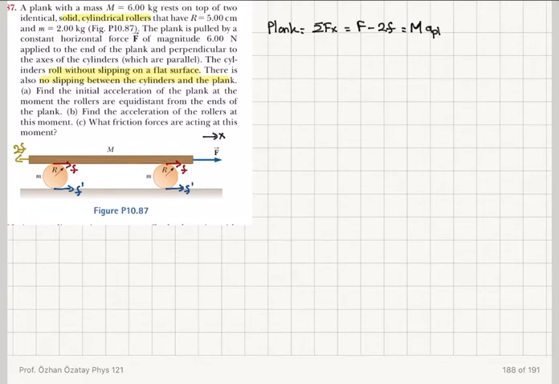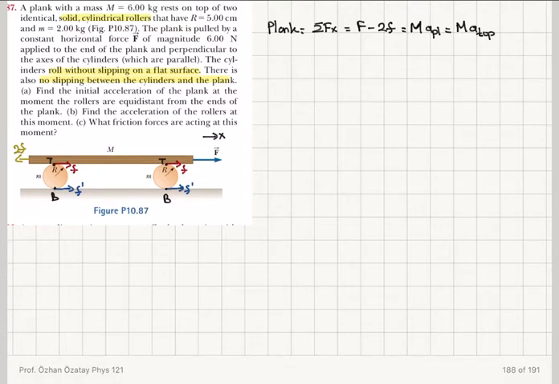And this is going to give me the mass of the plank, capital M, times the acceleration of the plank, which is equal to the mass of the plank times the acceleration of the top points. So let's call the top points T here. So top point is T, bottom point is B. So it's going to be mass times acceleration of the top point.